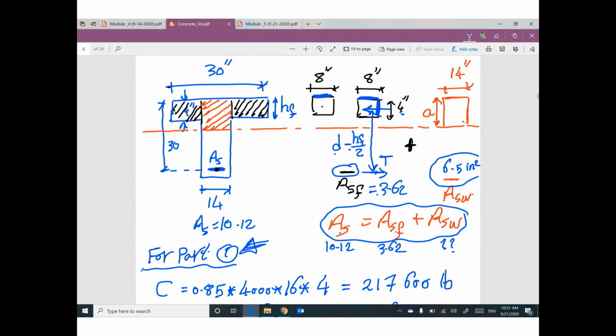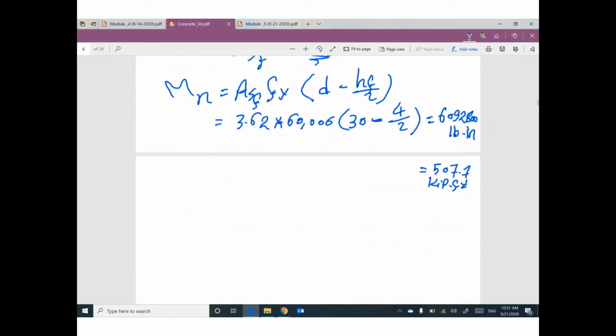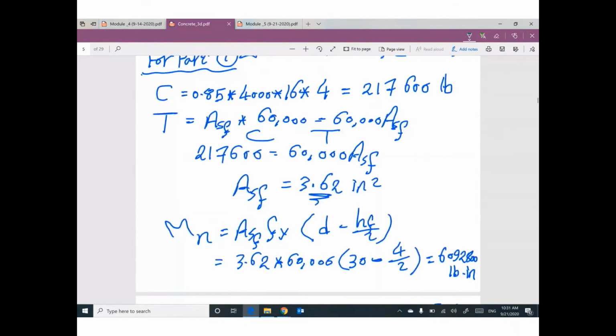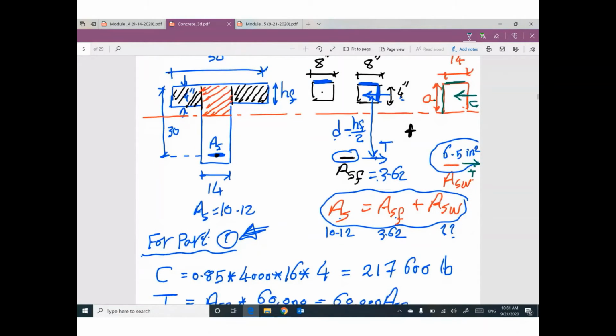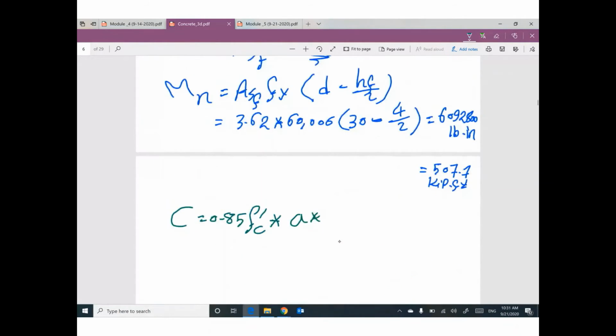In the remaining part, we have compression here and we have tension here. How much will this compression be? This compression will be 0.85 f'c times this depth a, this width 14, and f'c 4000.